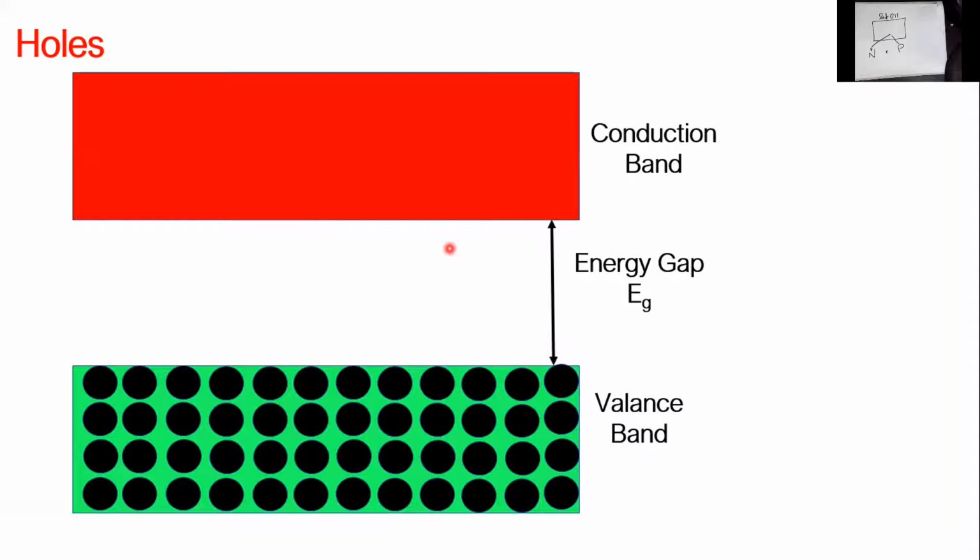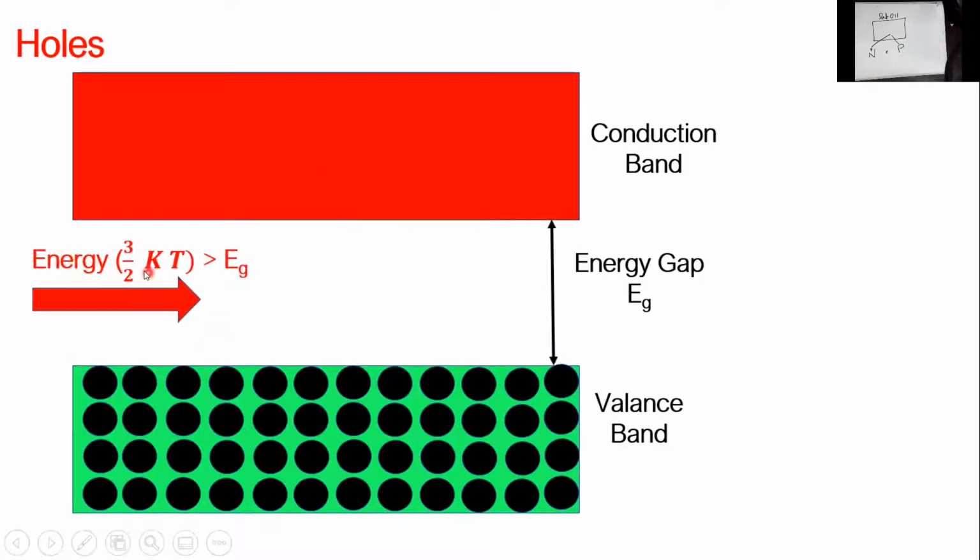If I told you, what is the probability to find an electron at 0 Kelvin, I mean, what is the probability to find an electron in the conduction band? Because again, electrons are only defined in the conduction band. You should think and say, okay, an electron can transfer from the valency band to the conduction band due to thermal energy, which is equal to 3 over 2 kT.